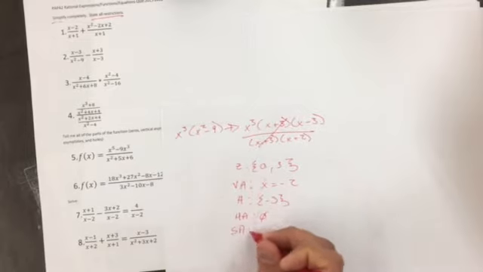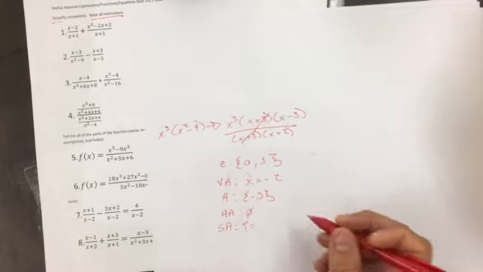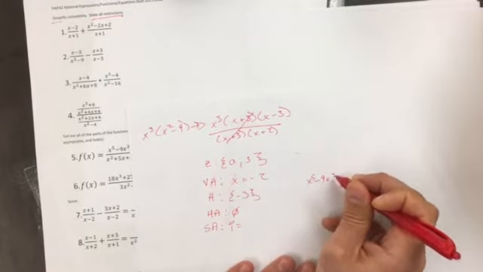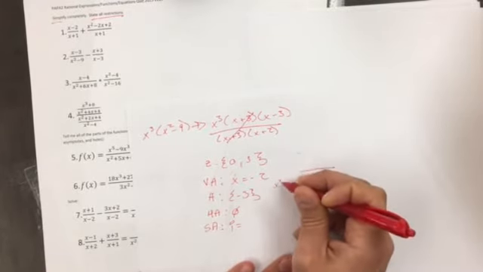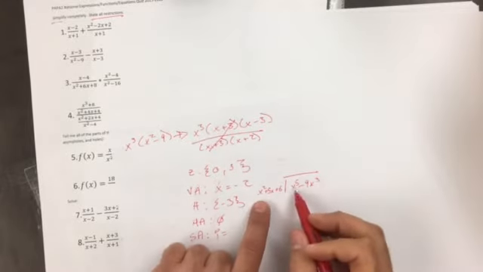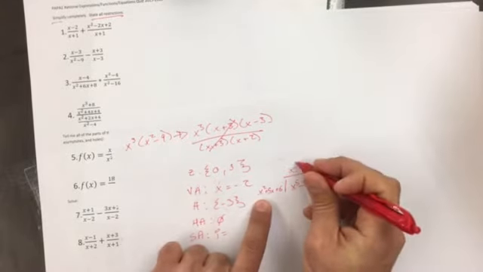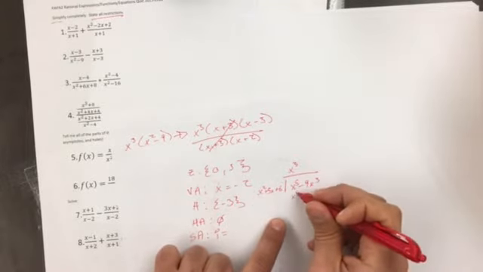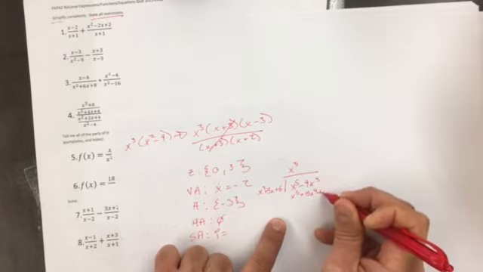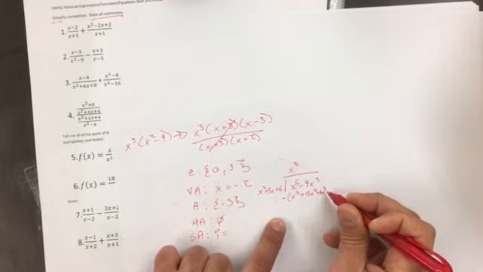Slant asymptote, I'm going to divide the numerator by the denominator. So x to the 5 minus 9x cubed, x squared plus 5x plus 6. And I know I told you guys you didn't have to do this, but I'm going to do it anyways. So this divided by this is x cubed. Distribute. I'm going to subtract all of this.